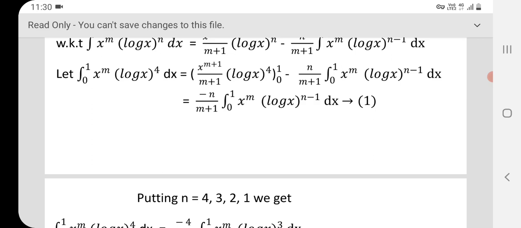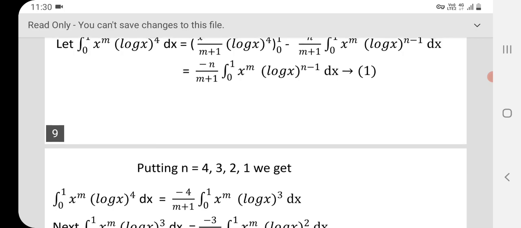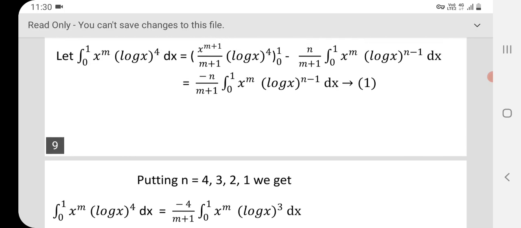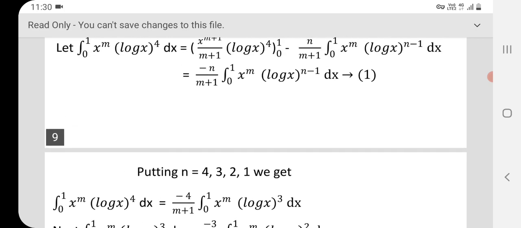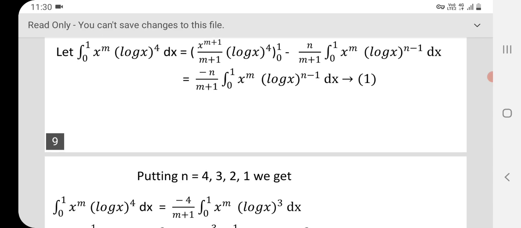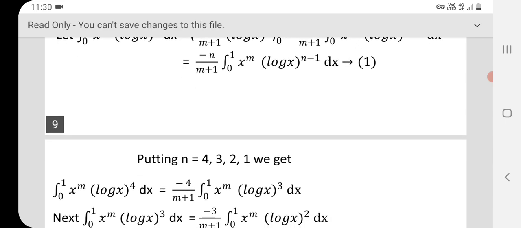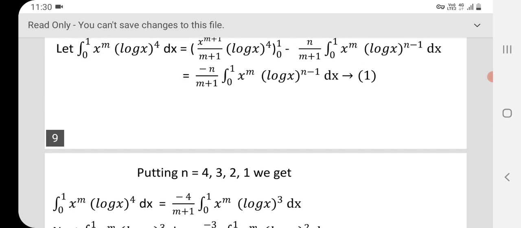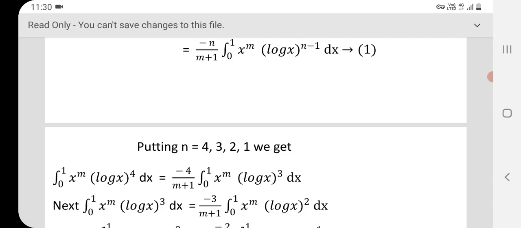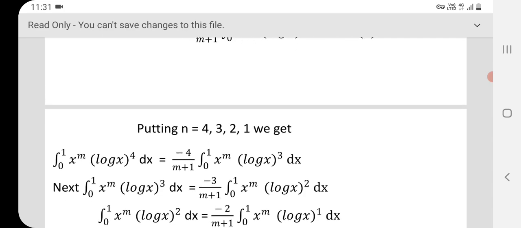Now putting n equals 4, 3, 2, 1, we get integration 0 to 1 x power m log of x to the power of n into dx equals, when n equals 4, minus 4 by m plus 1 integration 0 to 1 x power m log of x to the power of 3. Again n equals 3, we may get this one.